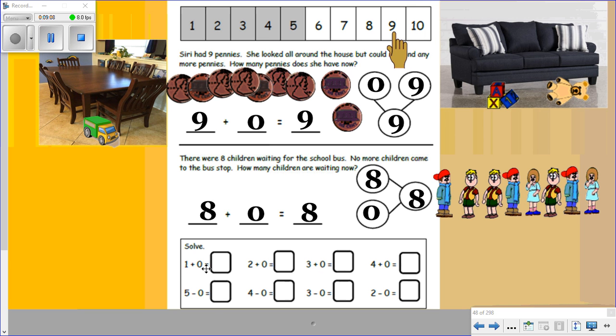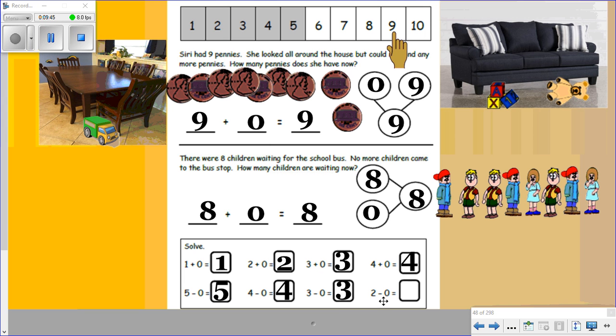1 plus 0 equals 1. 2 plus 0 equals 2. 3 plus 0 equals 3. 4 plus 0 equals 4. 5 minus 0 equals, that's right, still 5. 4 minus 0 equals 4. 3 minus 0 equals 3.